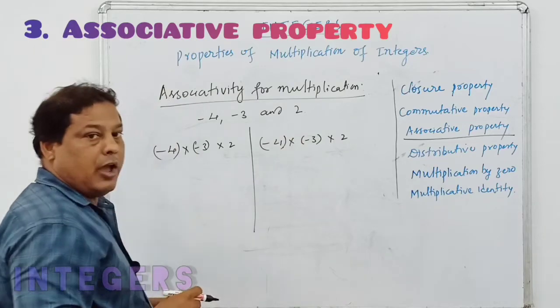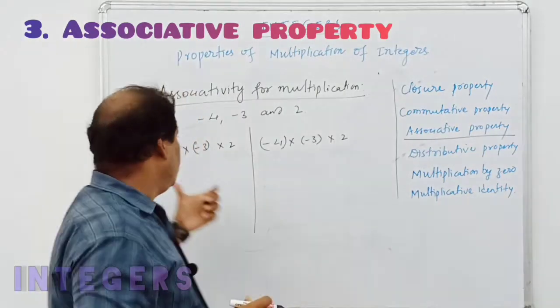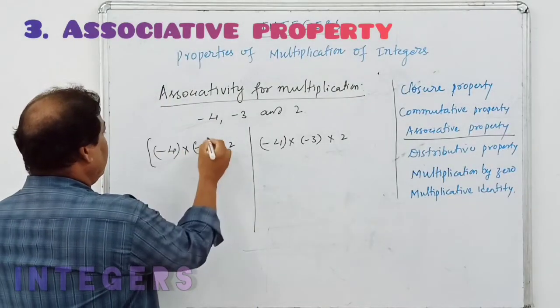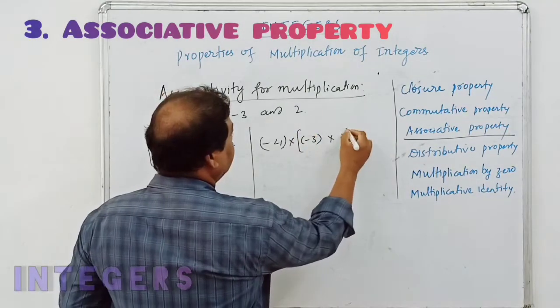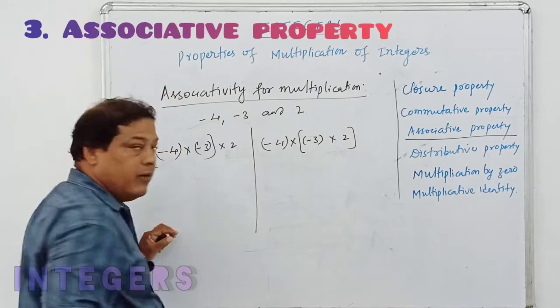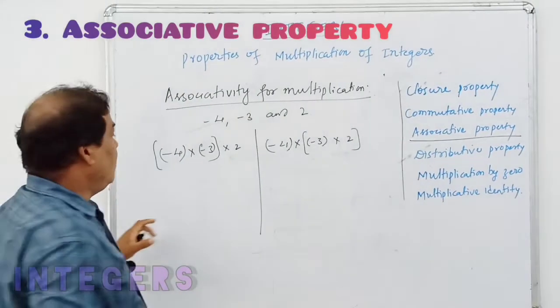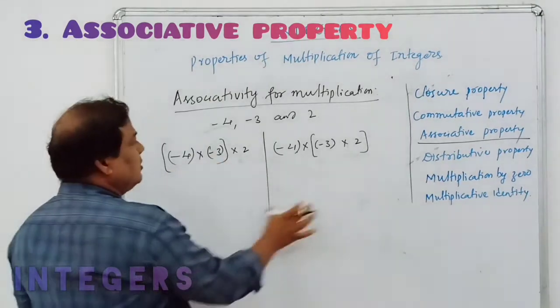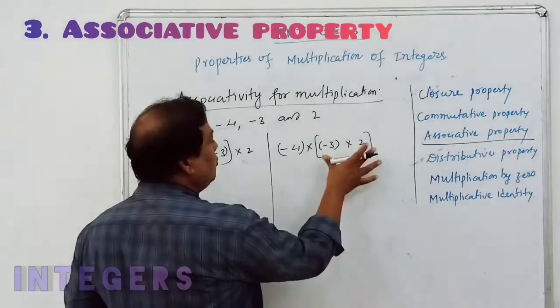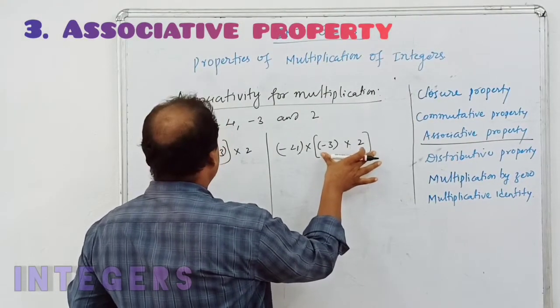You have to make groups. Minus 4 and minus 3 in one group, and then minus 3 and 2 in another group. These two numbers together in one bracket, and these two numbers, minus 3 and 2, you can keep in one bracket.